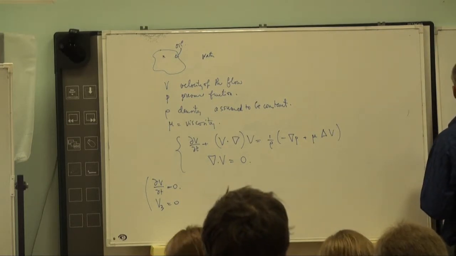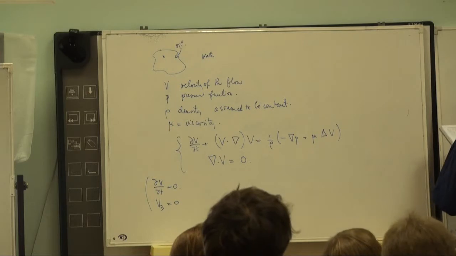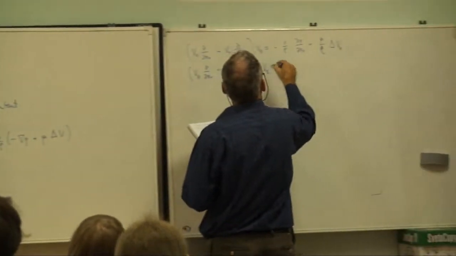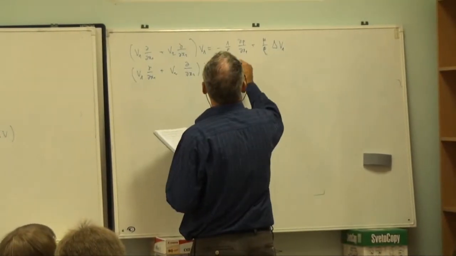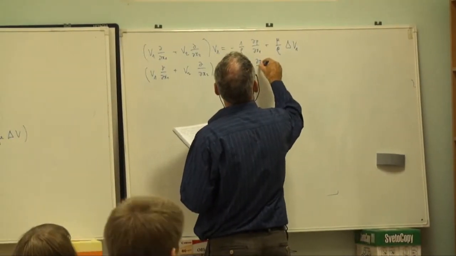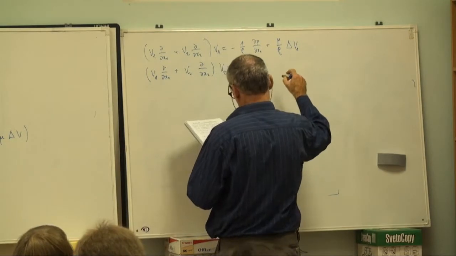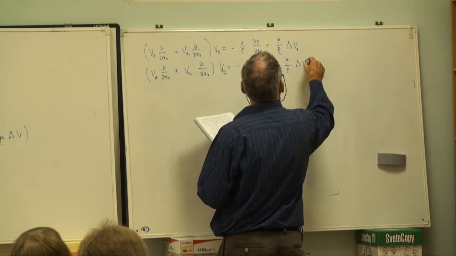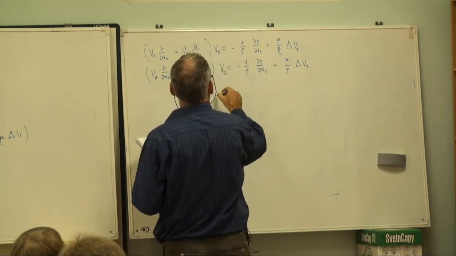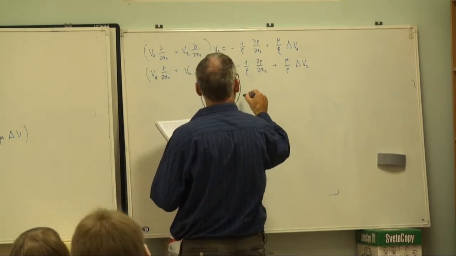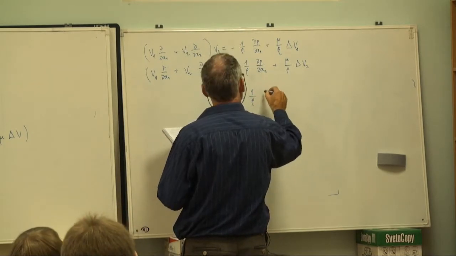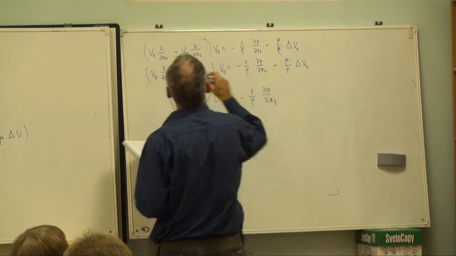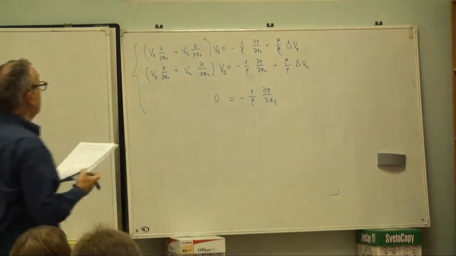Then v1 d over dx1 plus v2 d over dx2 of v2 is equal to minus 1 over rho dp over dx2 plus mu over rho Laplacian of v2. And the third equation would be just 0 equals minus 1 over rho dp over dx3. Okay, so we have these three equations.